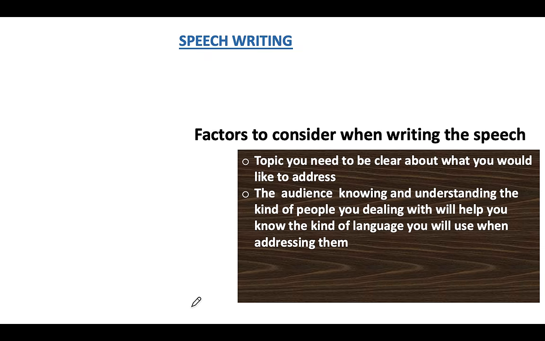And then also the audience. Know and understand the kind of people you are dealing with. It will help you to know the kind of language you use when addressing them.